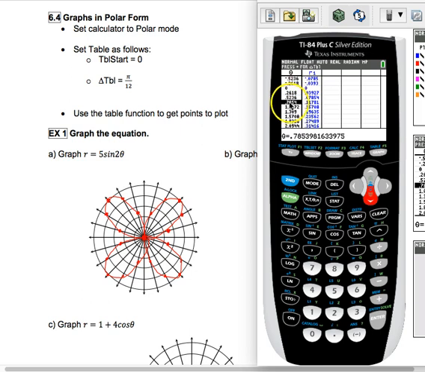Pi over 4 is going to give me about 0.7854 here. So this guy is pi over 4. When I look here, you can see that my radius is still really, really tiny. So I'm not really getting a lot to graph at that point.